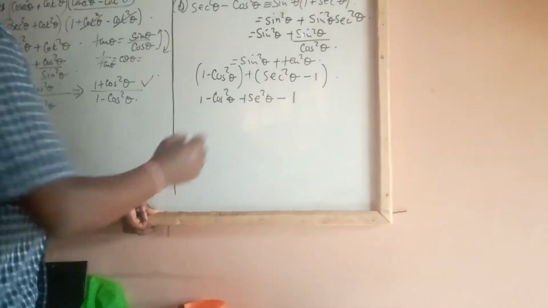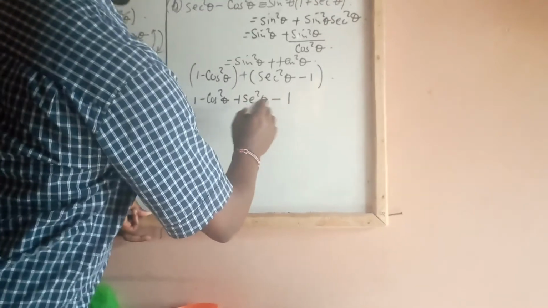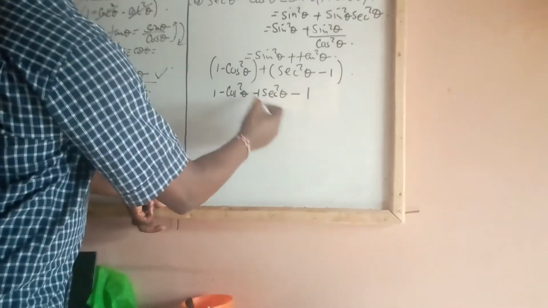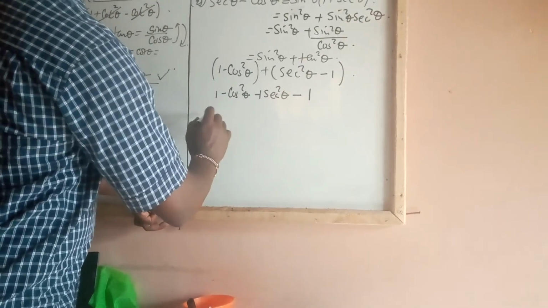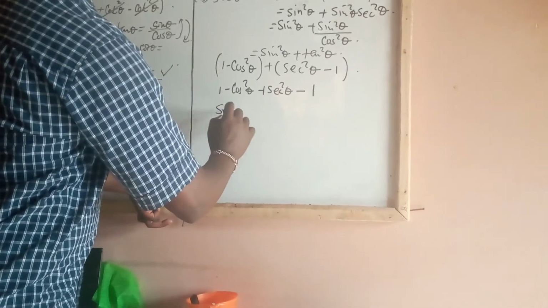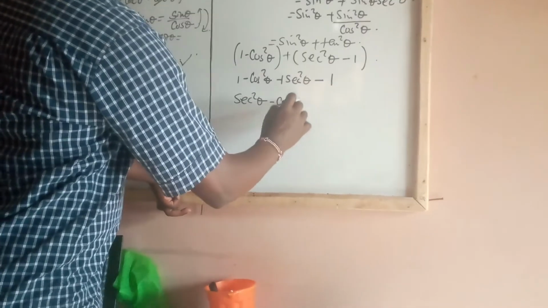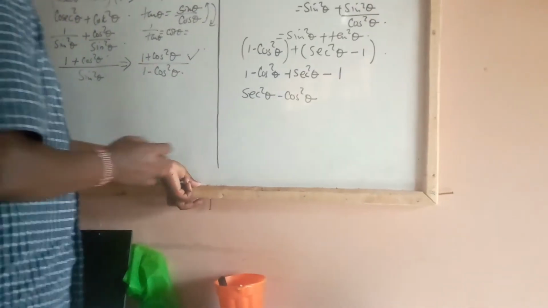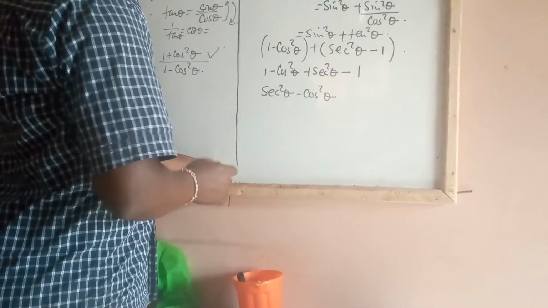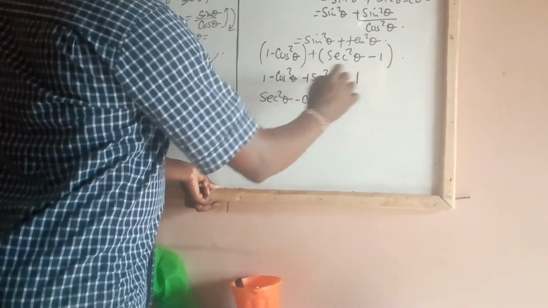Rearranging, the sec squared theta is positive, minus the cosine squared theta, and we have 1 minus 1.